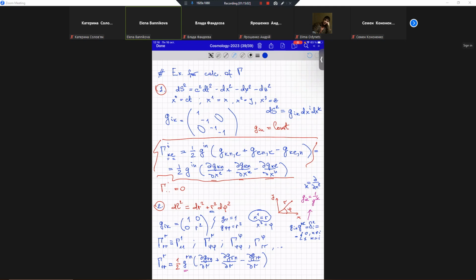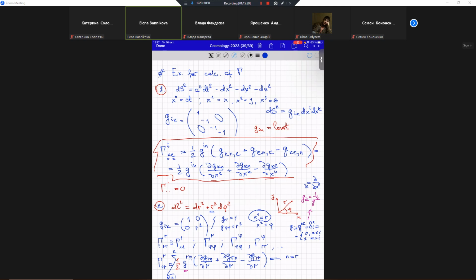So here we will have, of course, the case. Again, we need to remember that this is the sum over n from 1 to 2. So we need to put here r instead of n, after this phi instead of n. But we can immediately understand that only one case survives, when n equals r.